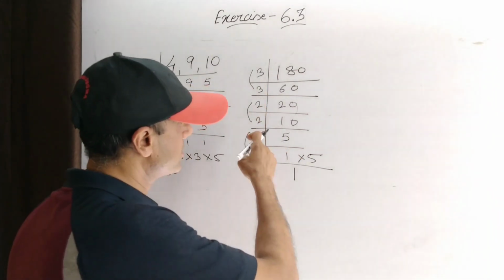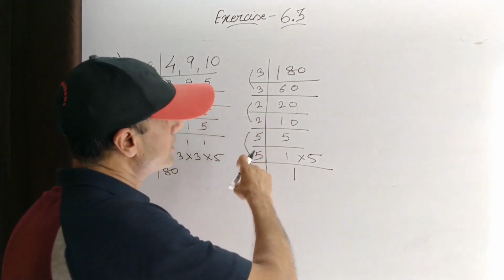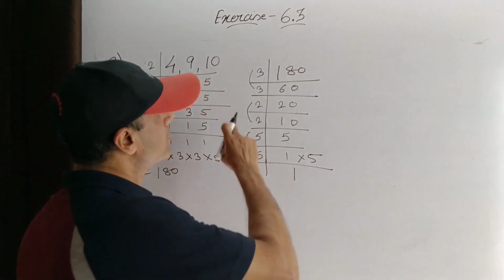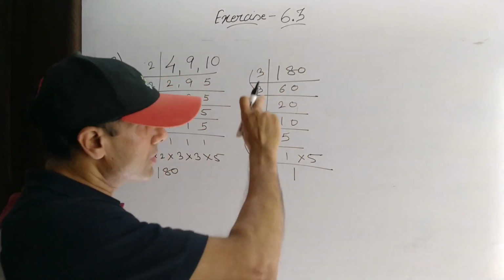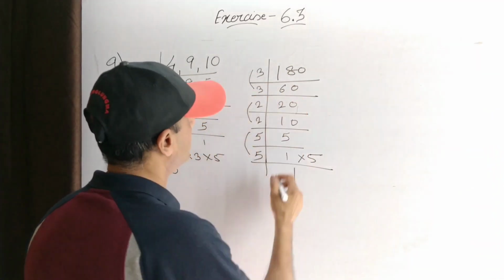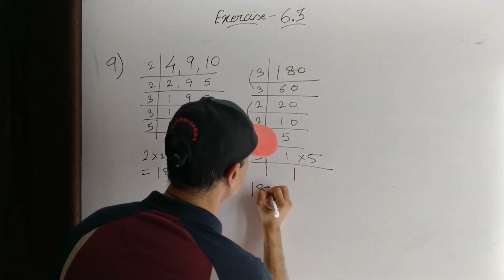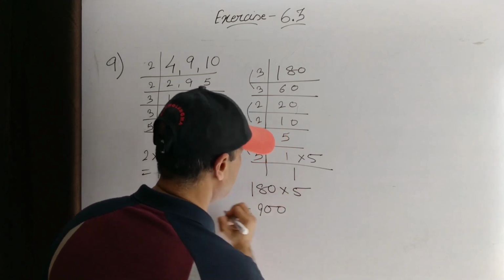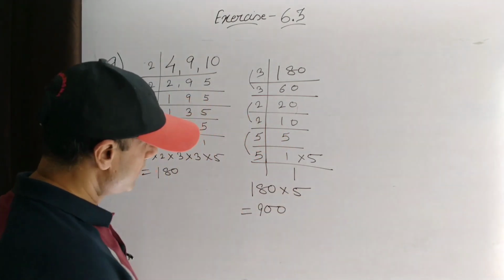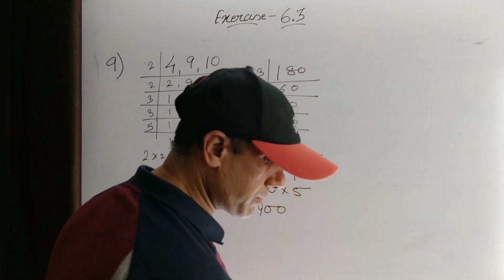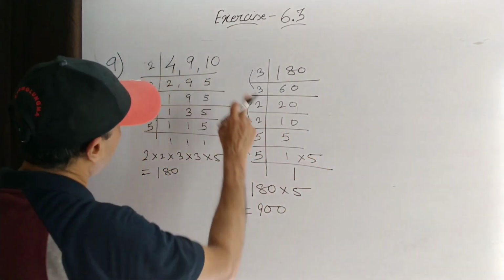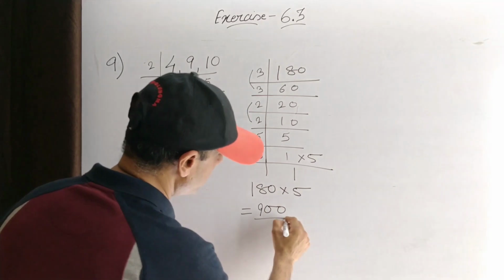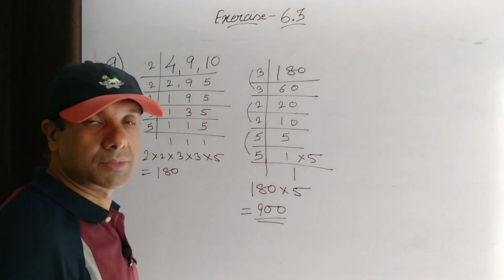Because we have used the prime factorization method and we have taken the smallest possible prime number which factorizes 180. Clear? So let's find out what. So the number will be 180 into 5, that equals to 900. So the smallest square number that is divisible by 4, 9 and 10 will be 900. Clear?